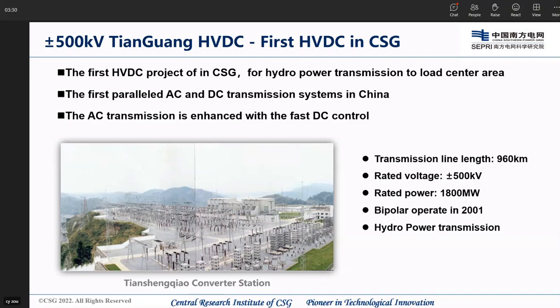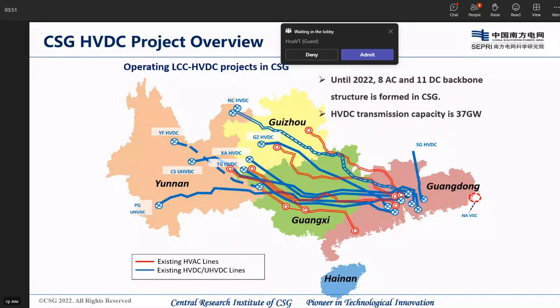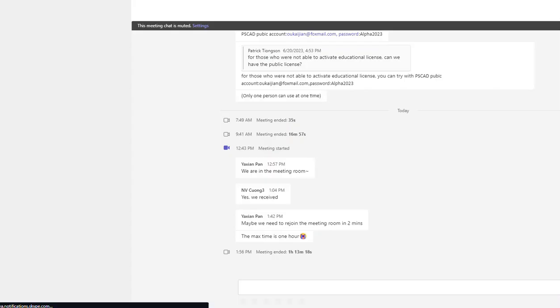I don't know where we are. Where do we get lost from, which slide? This one or the previous one? Previous. Because we lost connection at this slide.